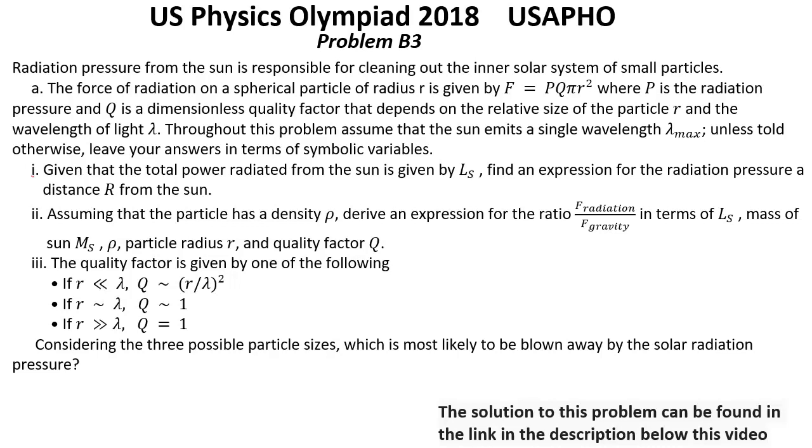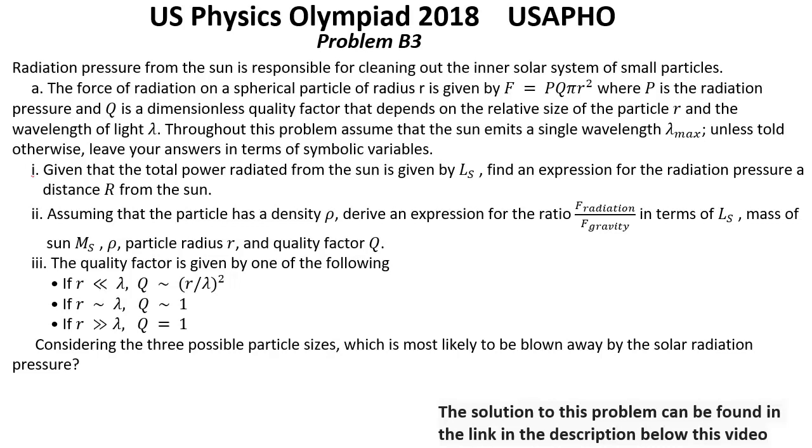Throughout this problem, assume that the Sun emits a single wavelength lambda max. Unless told otherwise, leave your answer in terms of symbolic variables. I. Given that the total power radiated from the Sun is Ls, find an expression for the radiation pressure at distance r from the Sun.